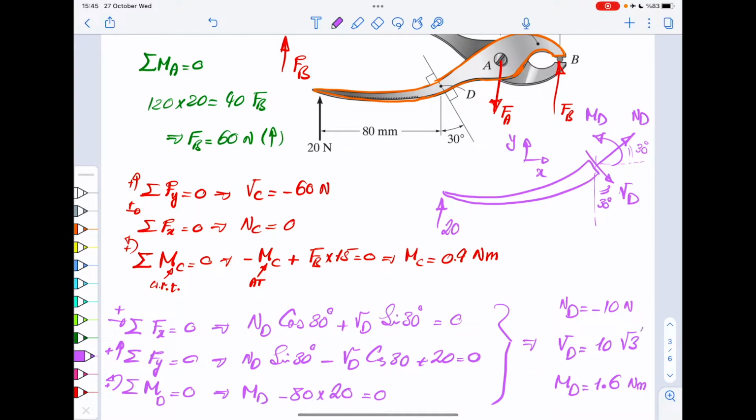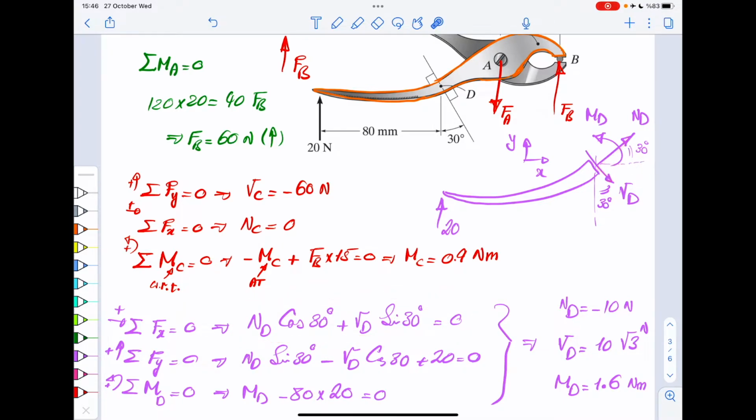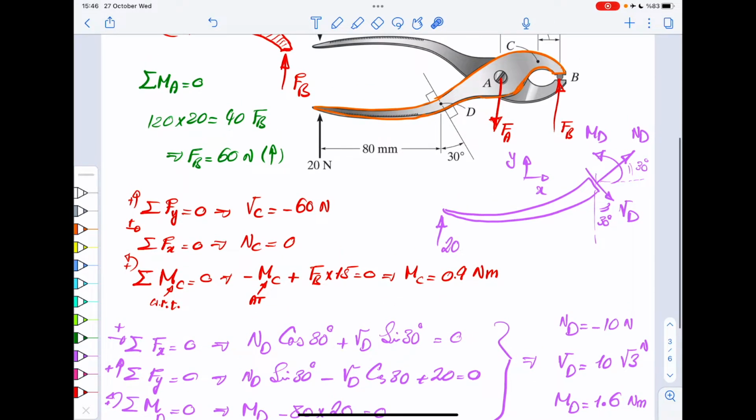And these are Newton. All right? So it's not surprising that one of them is minus, because you see both of them are in the same direction, basically. So one of them should be minus to cancel the other one.